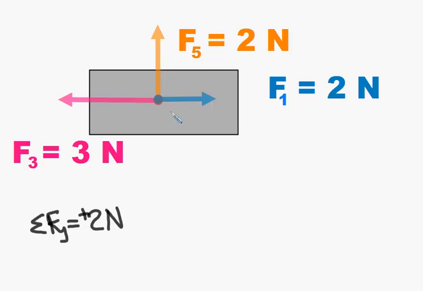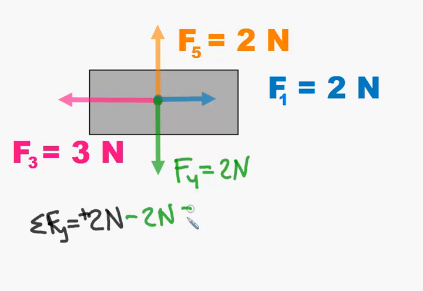So it's not in equilibrium up and down. To make it equilibrium up and down, I need to add another force downwards, like this, to balance force 5. We'll call that force 4. And that one's going to have to be 2 newtons also. So 2 newtons minus 2 newtons equals 0 newtons. So now we're in equilibrium vertically.